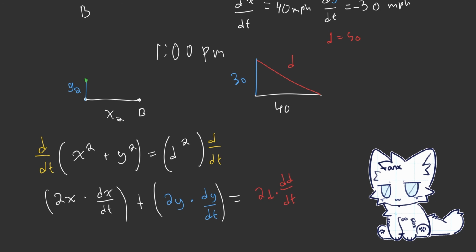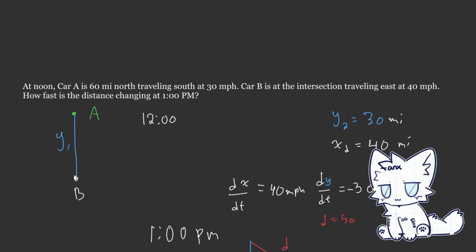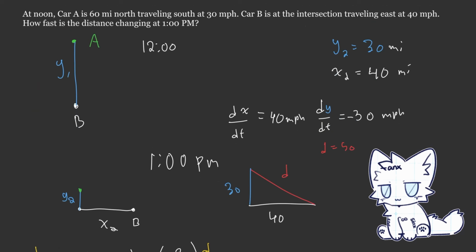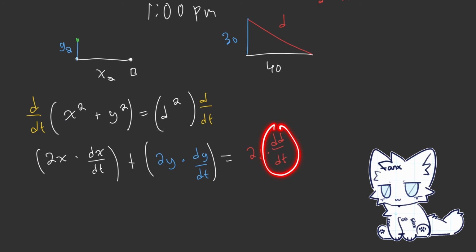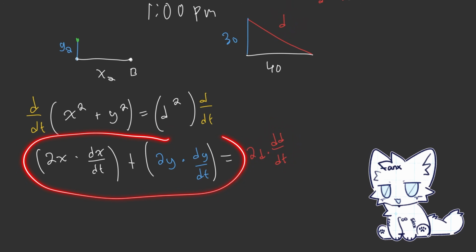And we want to find again how fast the distance is changing, and we have it here. This is how fast the distance is changing, and we know all of these.